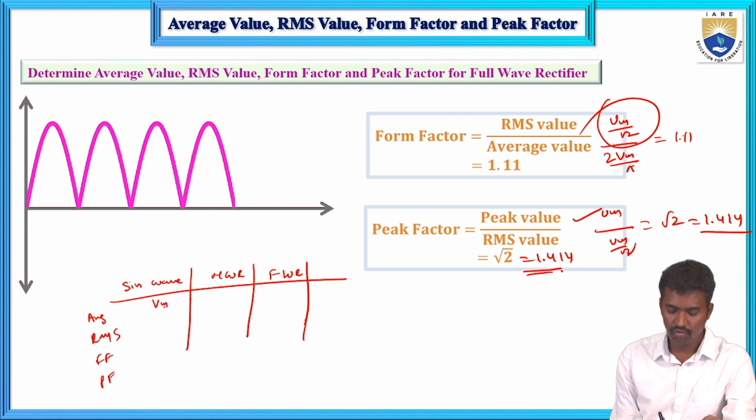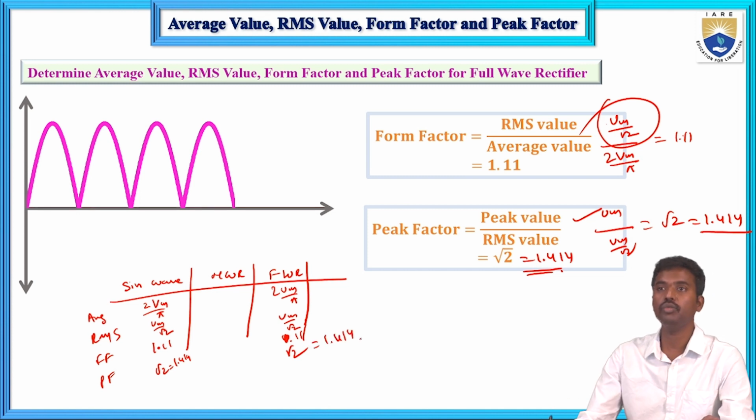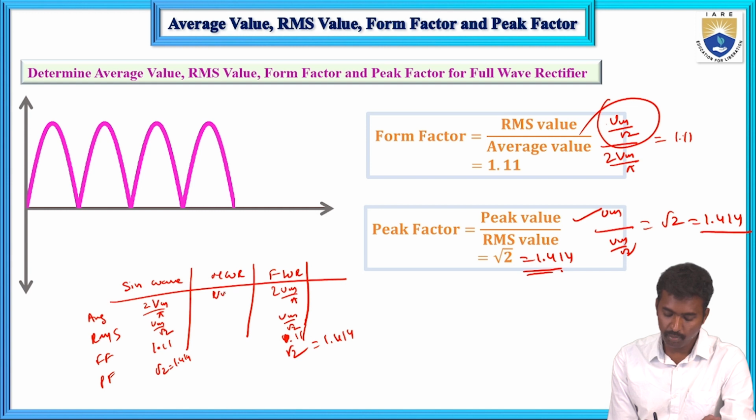Same thing: 2 Vm by pi and Vm by root 2, giving 1.11, and peak factor root 2, that equals 1.414. And here Vm by pi and Vm by root 2, form factor 1.57, and peak factor 2.